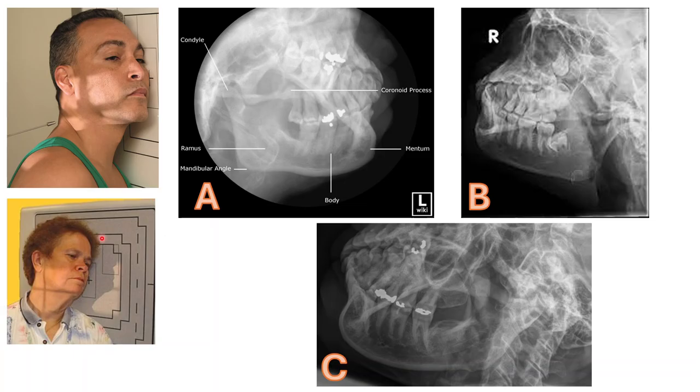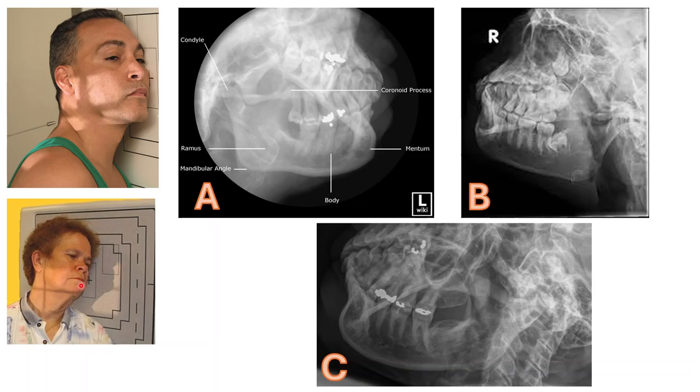This is a positioning that we can do for patients who have larger shoulders, where we see that the shadow of the shoulder is covering the shadow of their mandible on our collimated field on the IR. So we can place them in this type of position and then slightly tilt the head, with the vertex tilted toward the IR and the chin and mandible slightly away from the IR.